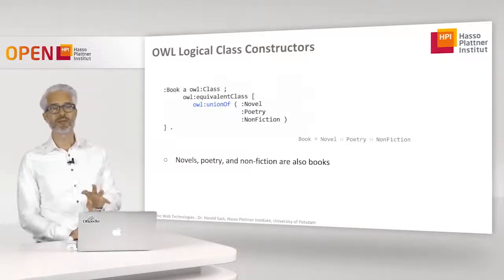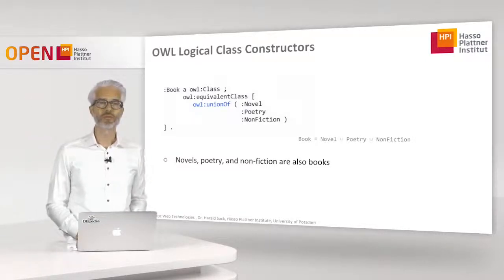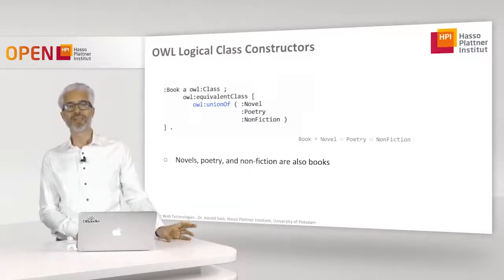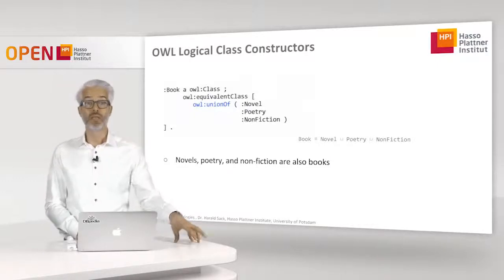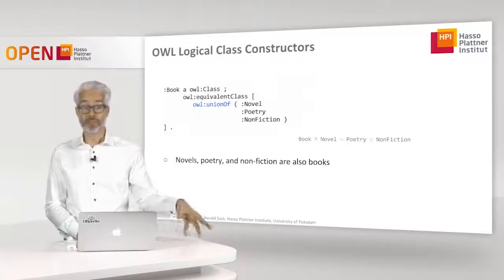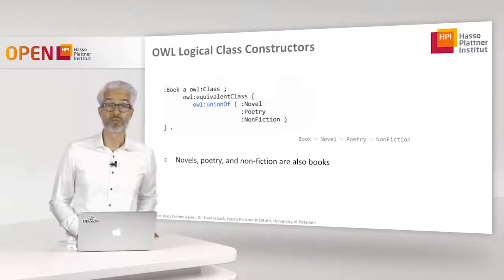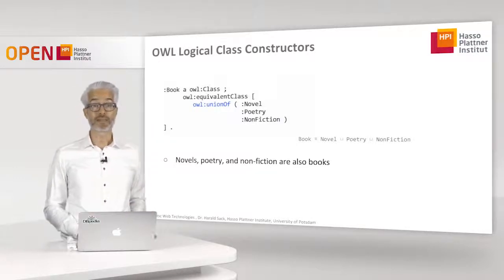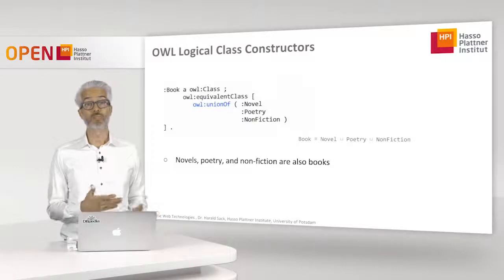So let's define this here exactly, the one-to-one translation into OWL. First we define Book to be a class, and then we say, okay, this class Book is equivalent to a complex expression. So I say owl:equivalentClass, and then in a blank node definition here in square braces, I put my complex class definition. And this consists of first the blank node, which is combined with owl:unionOf.